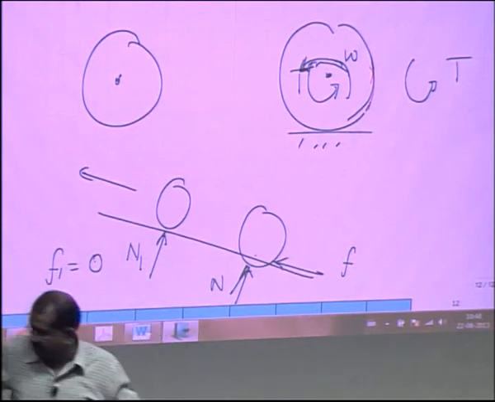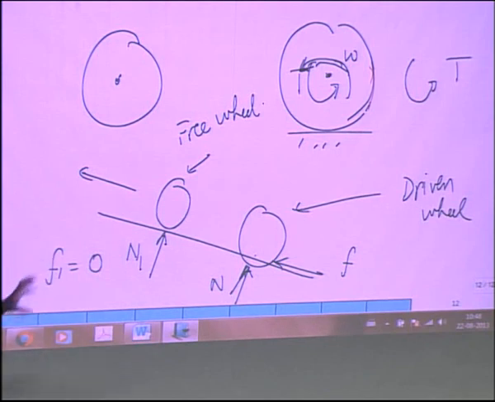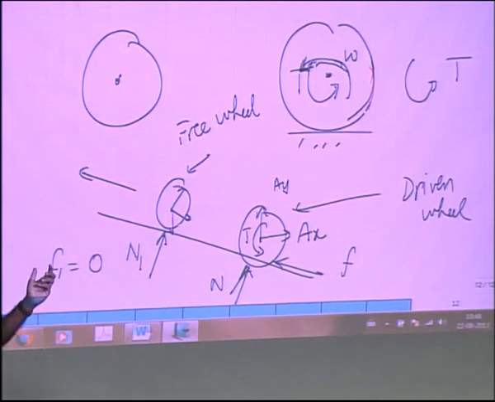So, this is the driven wheel, this is the free wheel, and actually this comes from the fact that if you draw the free body diagram of the driven wheel, what all comes here? There will be forces from the axle and there will be a couple. On this wheel what will happen? You will just have forces which are coming from the axle, we have the weight, there is no couple.